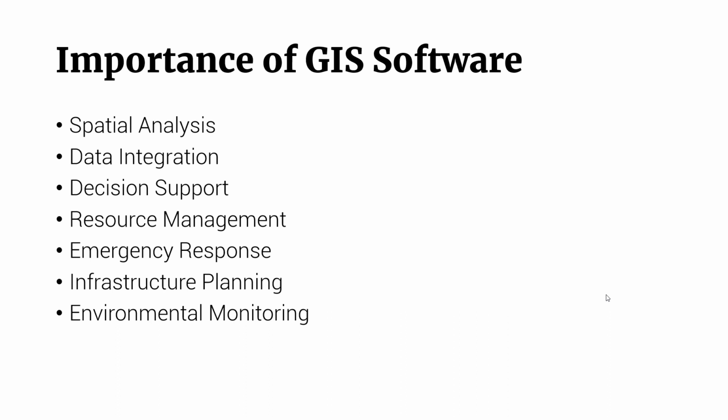For example, in agriculture, GIS is utilized to analyze satellite imagery, helping farmers to monitor crop health, optimize irrigation, and manage resources efficiently for increased agricultural productivity.